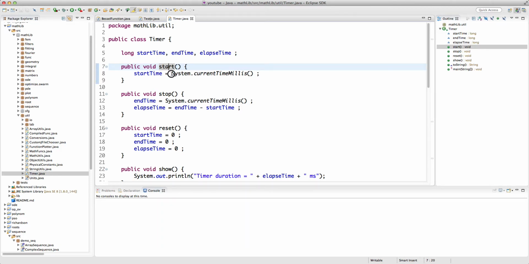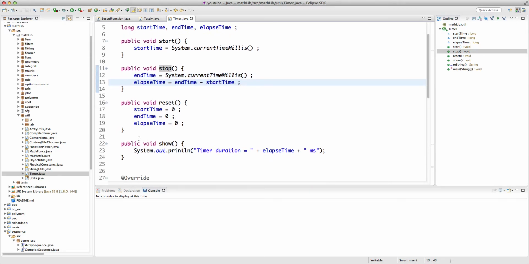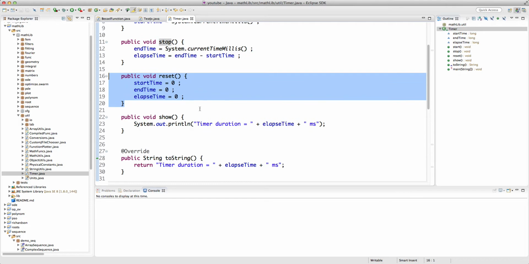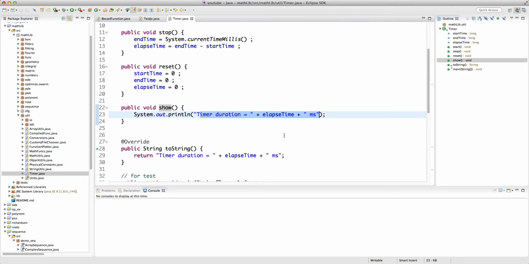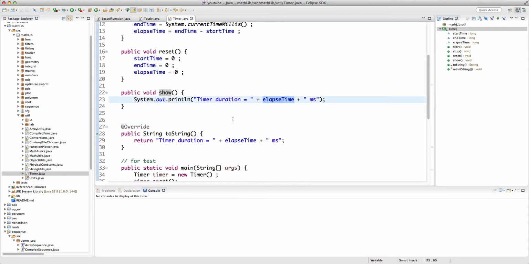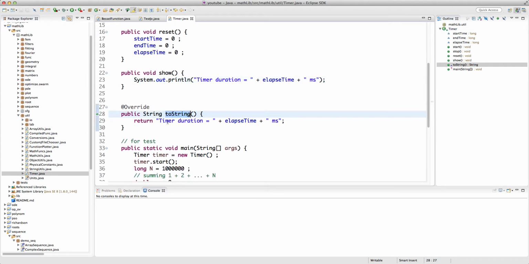When you start it, it calls the system current time in milliseconds. So the time is in millisecond. When you stop it, it gets the time from the system again and then calculates the elapsed time. When you reset it, it sets them to 0. When you call the show method, it just prints the elapsed time. The toString method is basically the same as the show method. So instead of doing this, I could just call the show method.